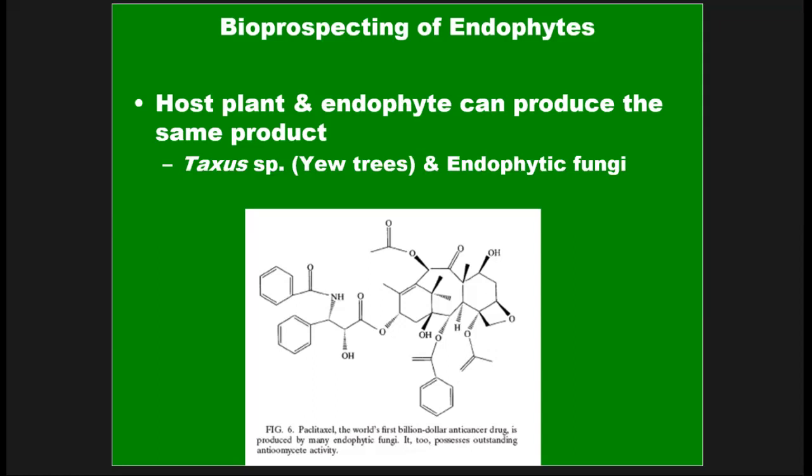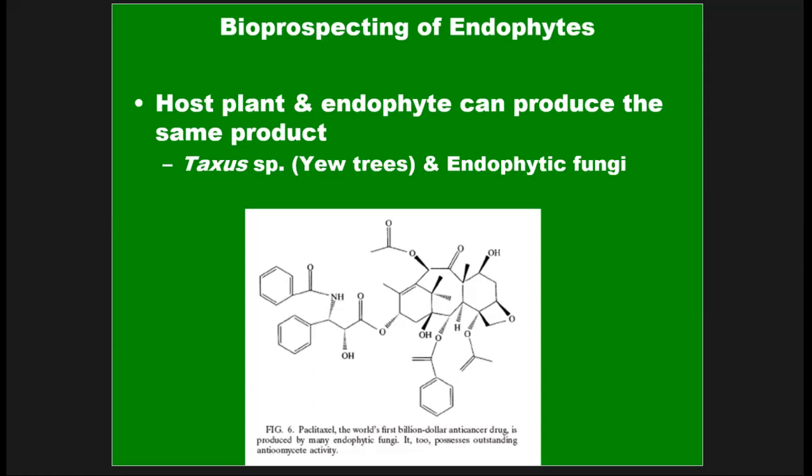In the bark of the yew trees, they produced this Taxol drug, which is an extremely effective and potent breast tumor cancer drug that can put people into remission. If they have a certain type of breast cancer, this drug can put them into remission. So extremely successful for certain types of breast cancer.